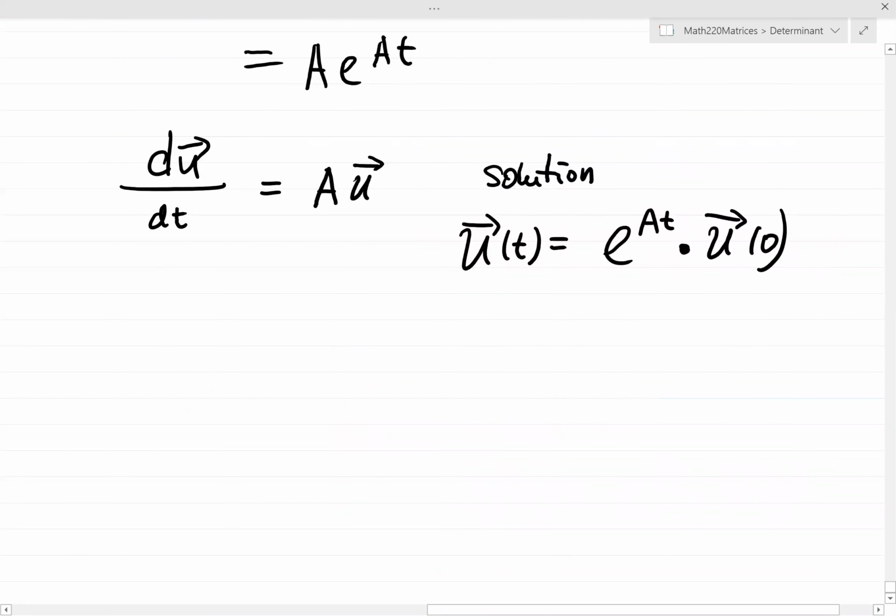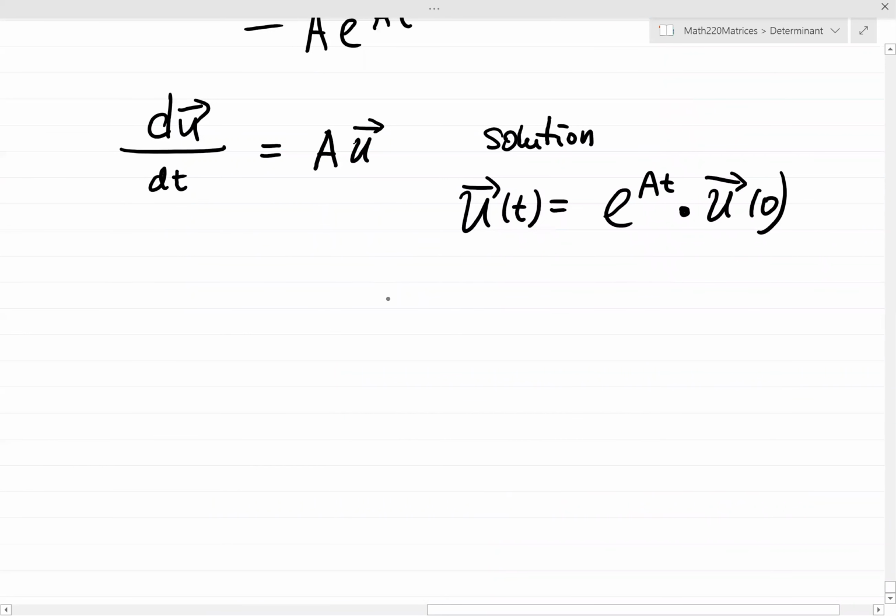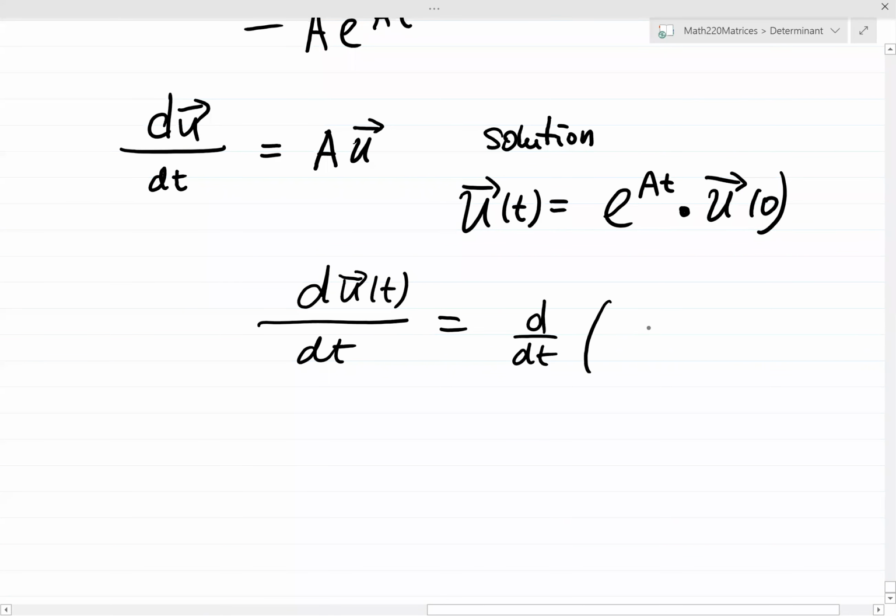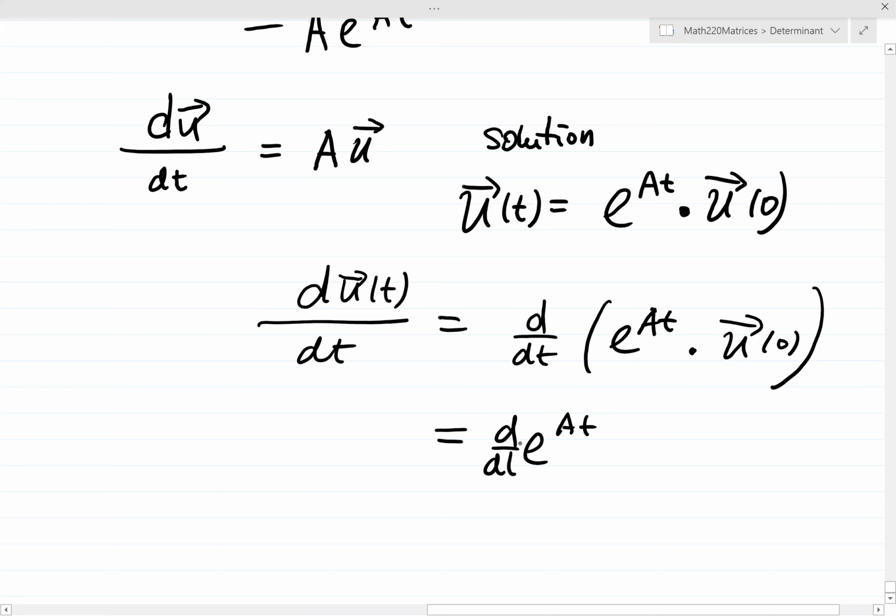Then you check. We also have a product rule, of course. du over dt is d/dt of e to the At u0, so you use the product rule. Now u0 has derivative 0, so this is d(e to the At)/dt times u0.